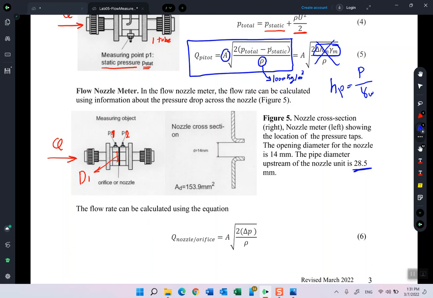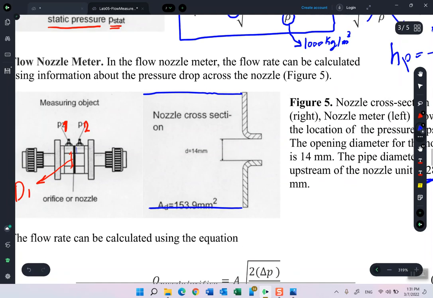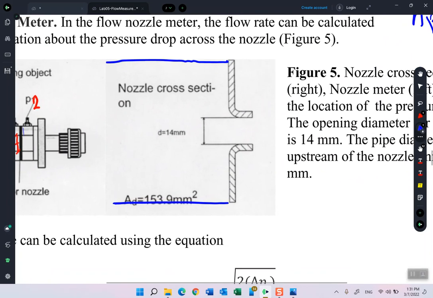What about the other section? If you look closely at this plate here, it is magnified in this section, and you will see that we have reduced the diameter from 28.5 to only 14 millimeters.